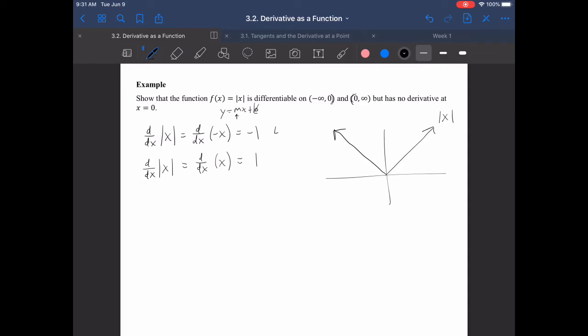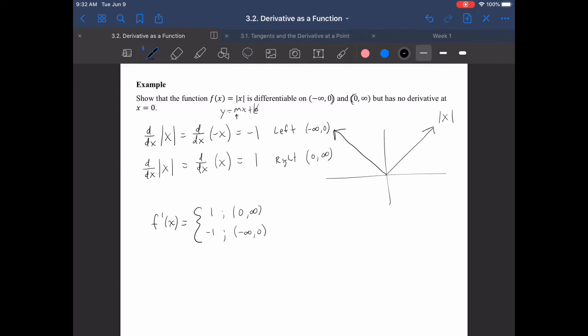On this left side, we can take the derivative anywhere. We'll get a -1. That's the negative infinity to 0. This is the right side, the 0 to infinity right there. That gives us a derivative function, f prime of x, and it's going to have to be piecewise here. It's going to be 1 from 0 to infinity, and it's going to be -1 from negative infinity to 0.